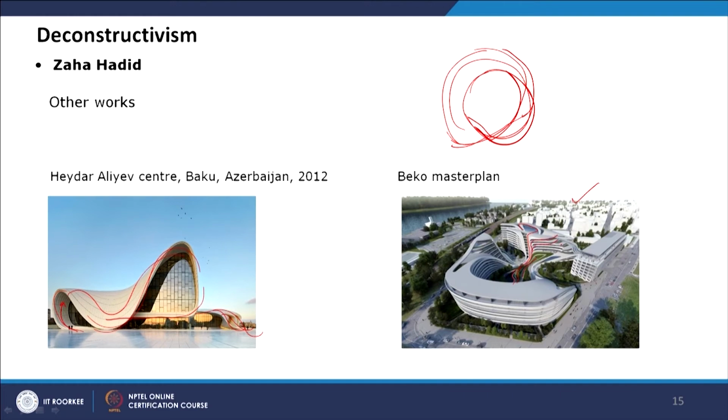All these lines are combined from the landscape, coming from the road to the landscape and then to the building, and all these lines are emerging from and blending with the others. So that's her style of design.